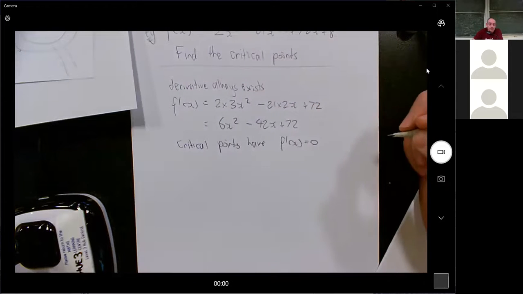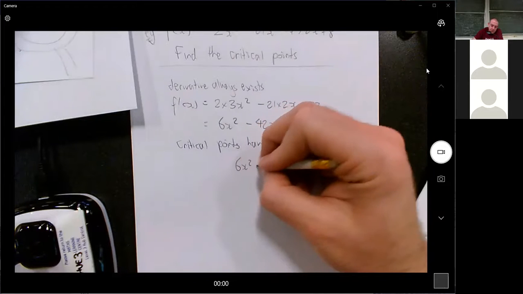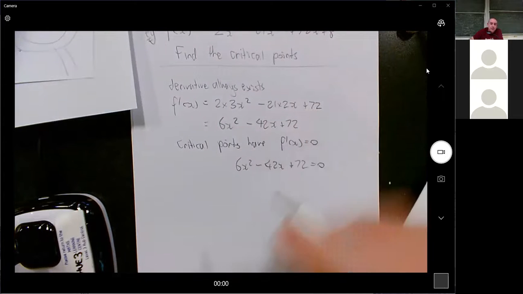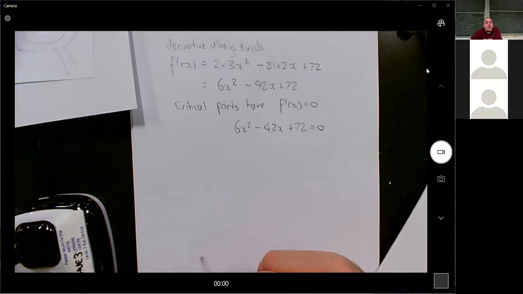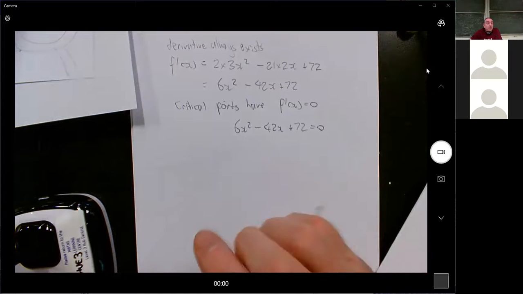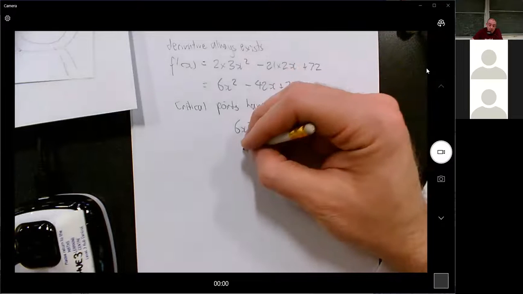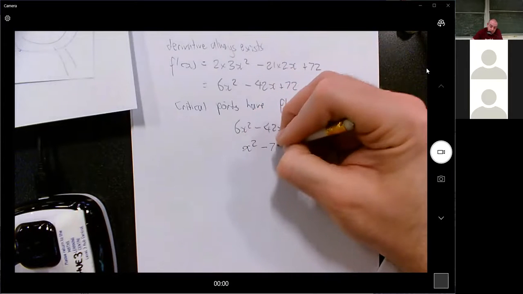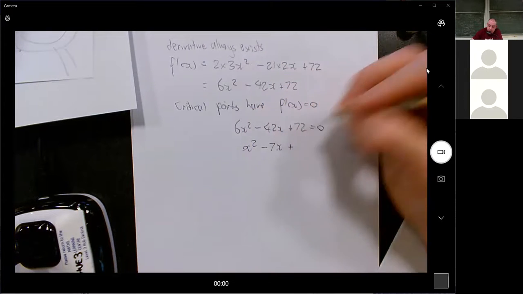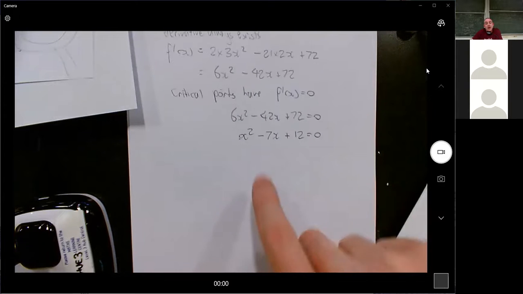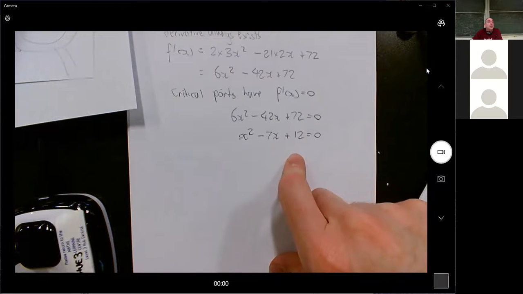I have that. And so I need to do this. And so whatever method you have for solving quadratic equations, you need to use that. So I notice that there's a 6 here, and actually 6 goes into all of these numbers, so I'm going to divide by 6. And now, if I'm lucky, I can factorize it, but if I'm unlucky, I'll use the quadratic formula.